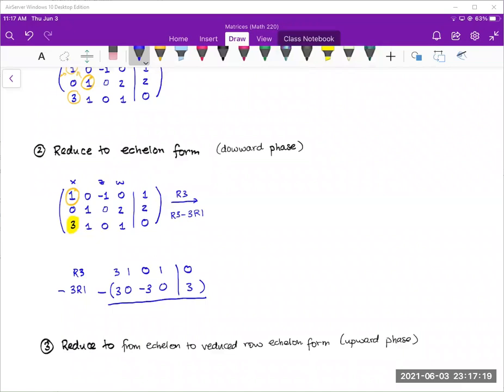Okay, so let's do some subtraction. We have 3 minus 3 is 0. 1 minus 0 is 1. 0 minus negative 3 is going to be 3. And 1 minus 0 is 1. Our augment gives us 0 minus 3, or negative 3. So this result is our new row 3.